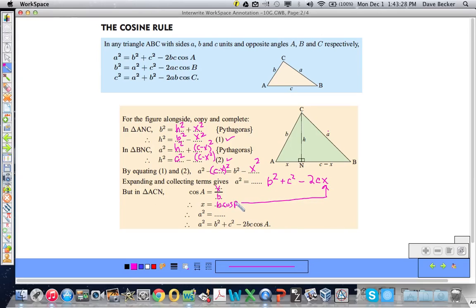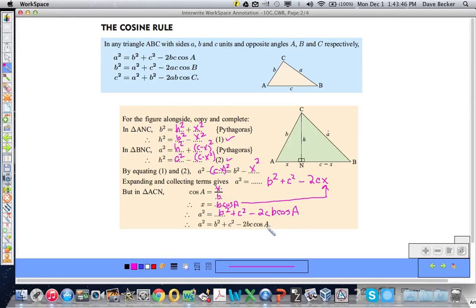I'm replacing x, so that means that a squared would equal b squared plus c squared minus 2c, and replacing x with b cosine A, and I have my law of cosines.